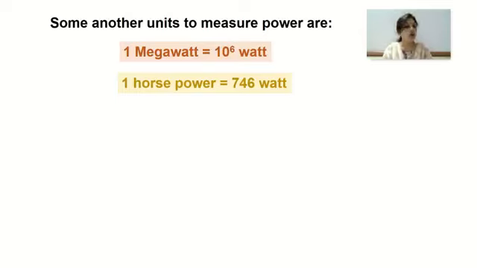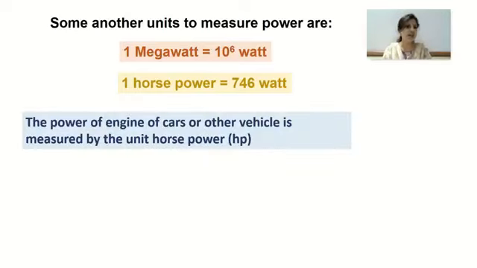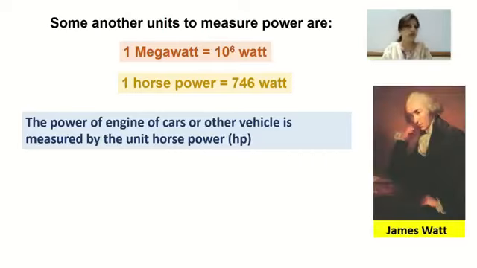Now the power of the engine of a car or a vehicle is measured in terms of horsepower. Water pumps or engines of a vehicle, how much power these engines have, that is measured in terms of horsepower. And this unit of horsepower, converted into watt as 746, was first given by James Watt. And you're very well versed with the steam engine.